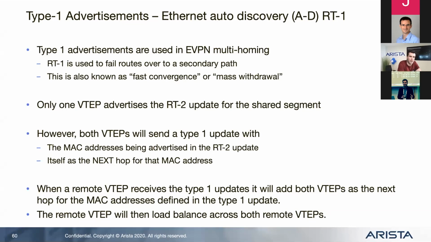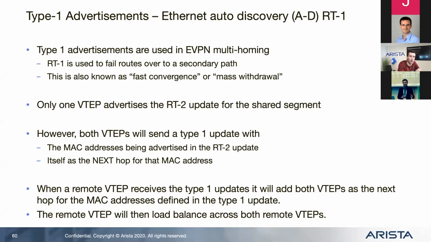So when we have this set up, we do still have type 2s. So if you recall back to Alexi's presentation, we do have type 2 routes being advertised, which will specify the MAC address and the MAC to IP binding. These are advertised by only one of the VTEPs which are participating in the shared segment.